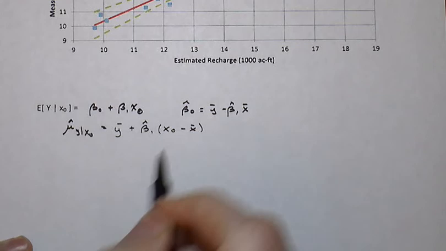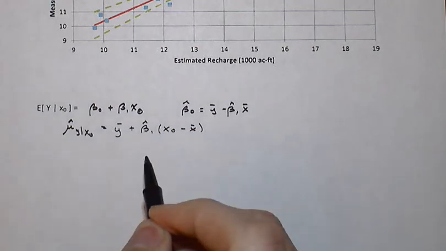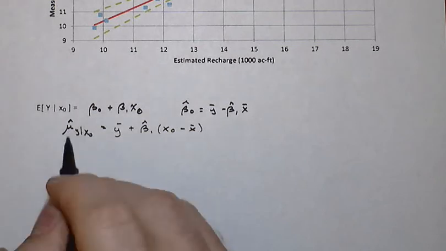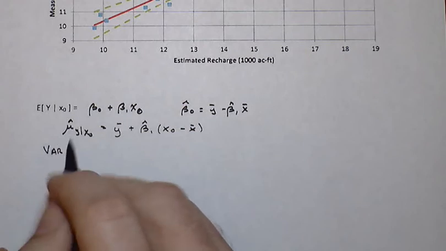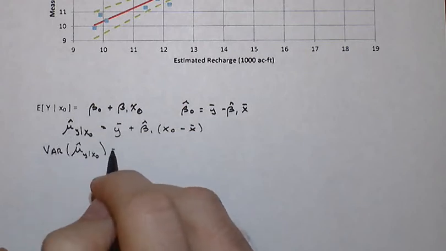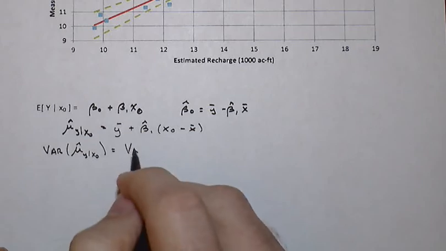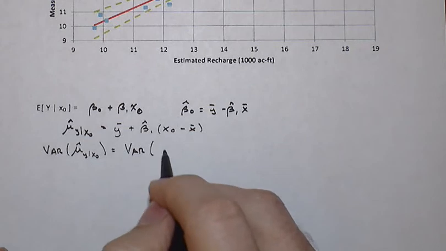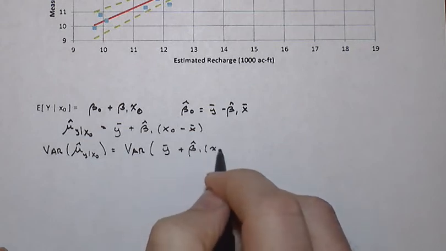And the other aspect that'll be important is that now we have an expected value for y given x naught, but we also need to find out what the variance of mu hat y given x naught is going to be. And this actually isn't too difficult to figure out.